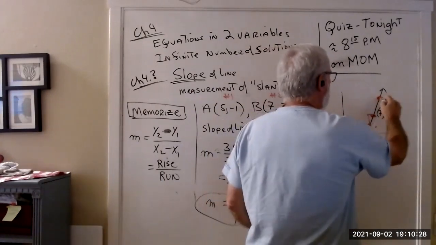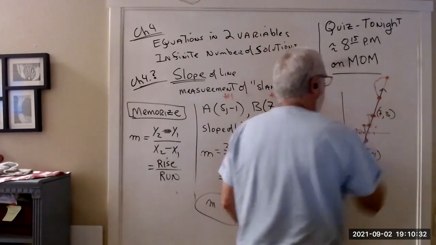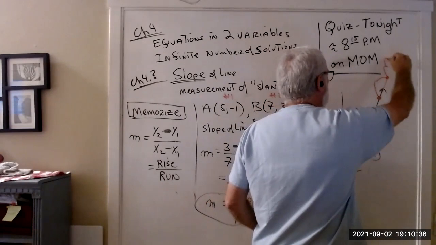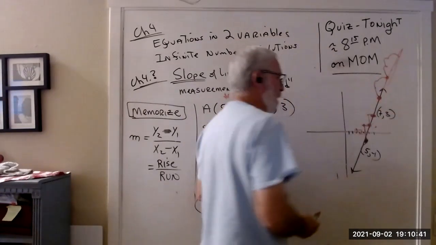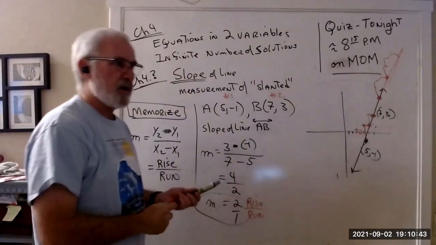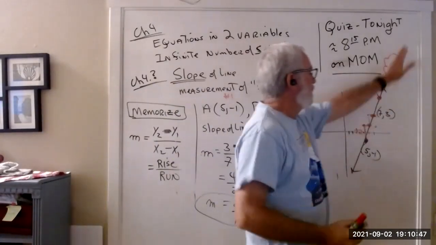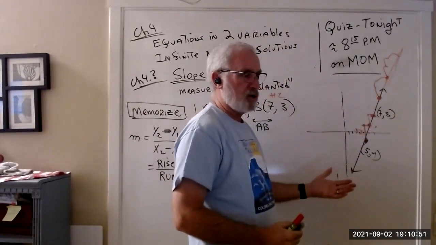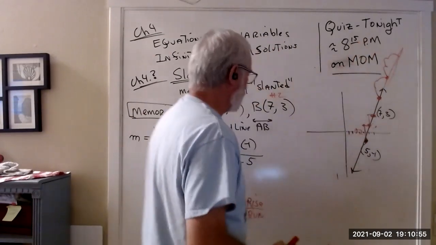We can go up 2, over 1, and we'll land on another point on that graph. Always going up 2 over 1, we'll keep landing on the line. So the thing that's true about this line is its slope is what we call constant. The slope never changes. It's always this.